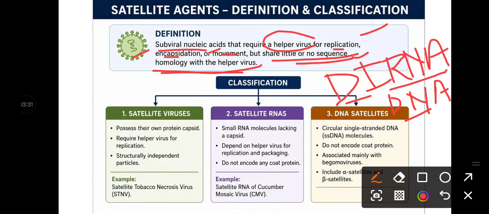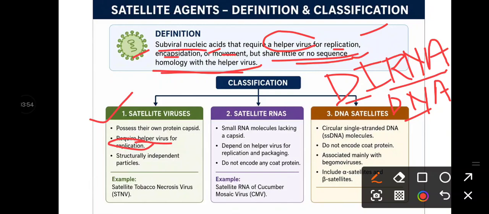So the first group is the satellite viruses. Satellite viruses possess their own coat protein or capsid, but only require the helper virus for replication. They are structurally independent particles.